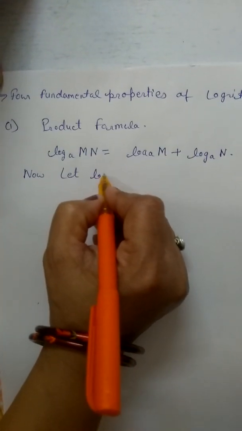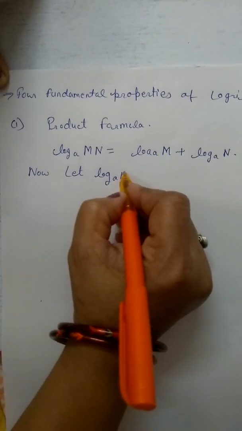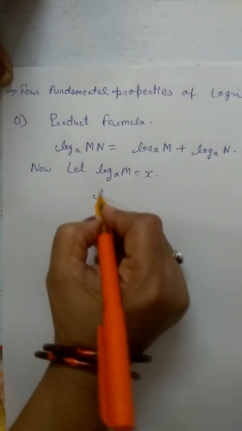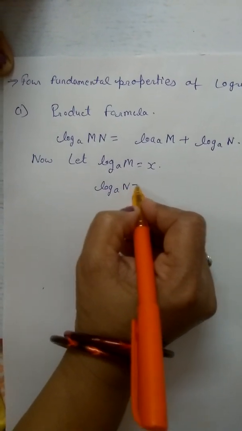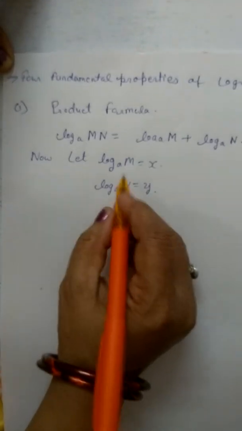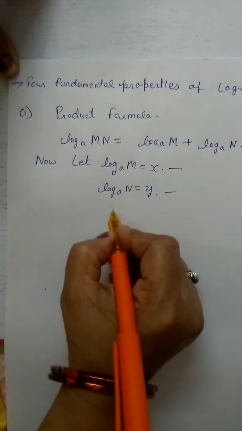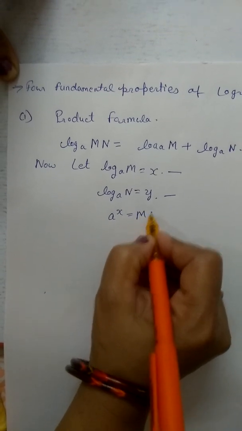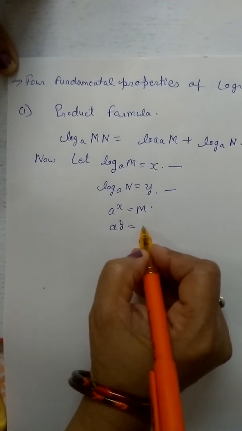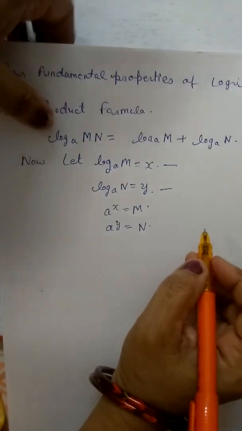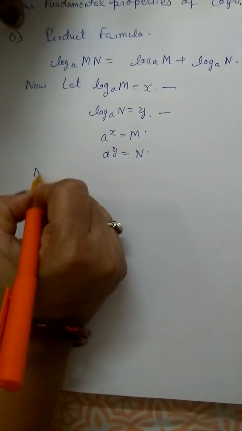Now let log_a m is equal to x and log_a n is equal to y. From these equations, a^x is equal to m and a^y is equal to n. Now multiply both equations.